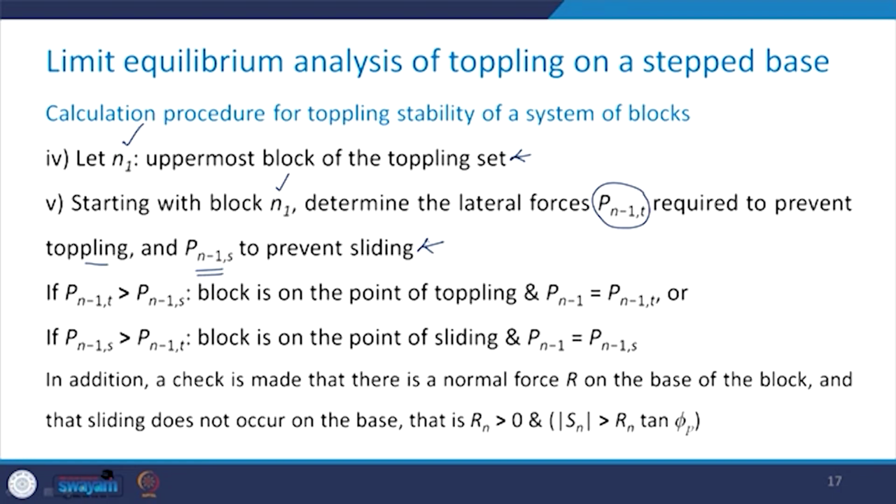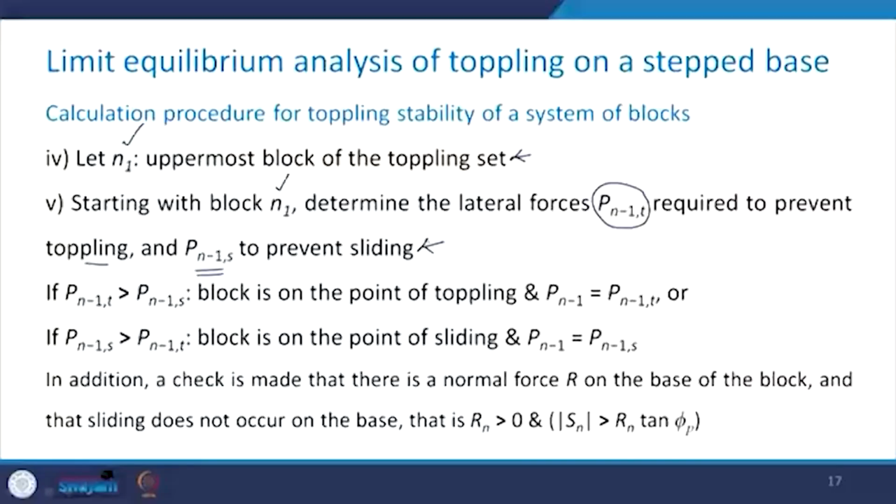If the Pn minus 1 value for toppling works out to be more than that for the sliding, this means that the block is on the point of toppling, and Pn minus 1 would be assigned the value corresponding to Pn minus 1 comma T.